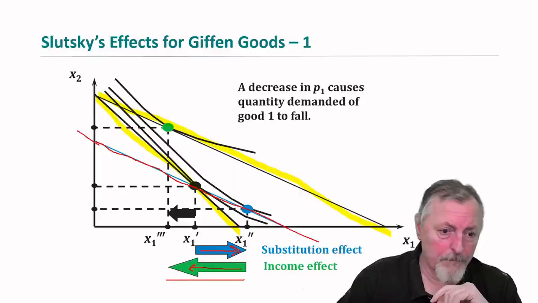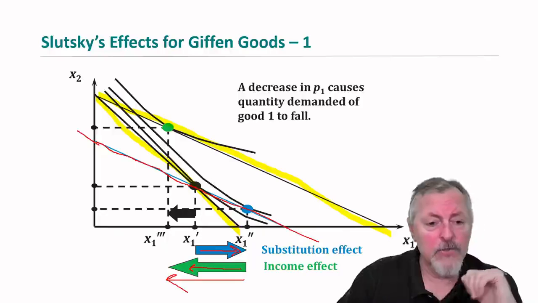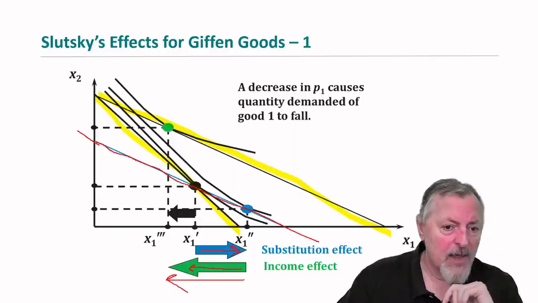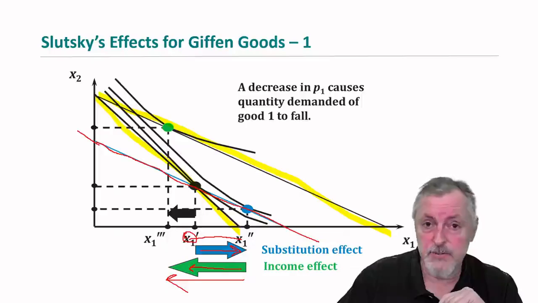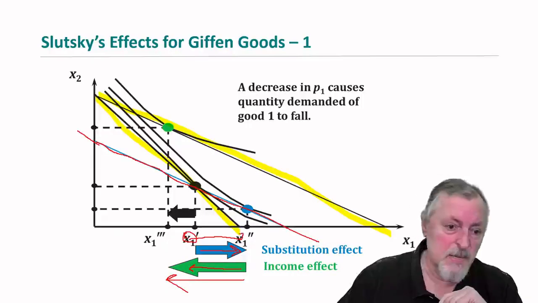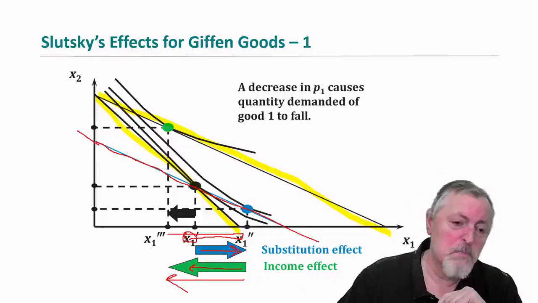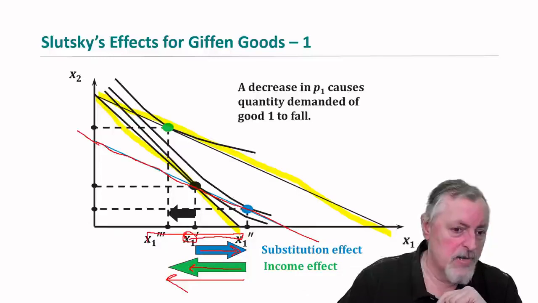It's bigger. So you start with buying this much of thing one. The substitution effect says buy more, but then the income effect says buy much, much less, and you end up here.